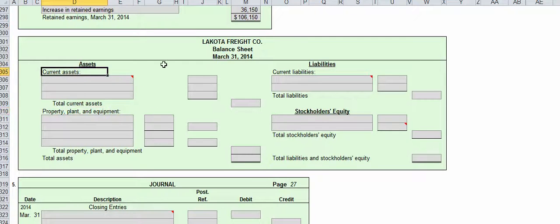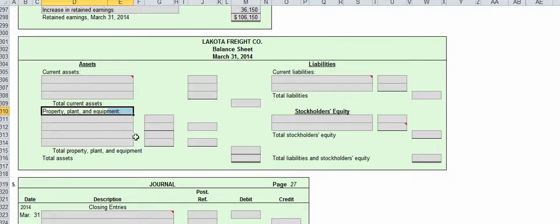Current assets, you guys, would include cash and any other asset that you expect to use or convert to cash within one fiscal year. Okay, property, plant, and equipment is fairly self-explanatory.